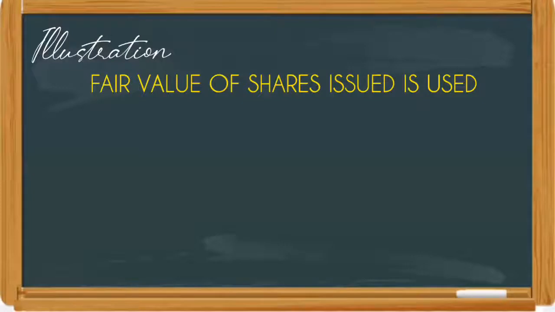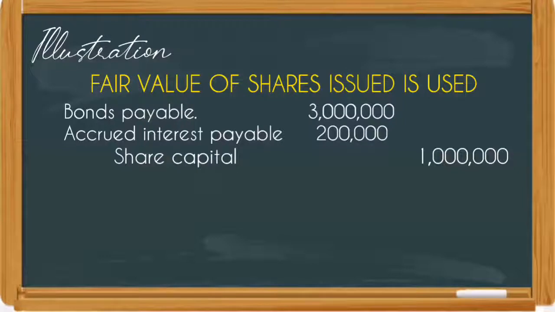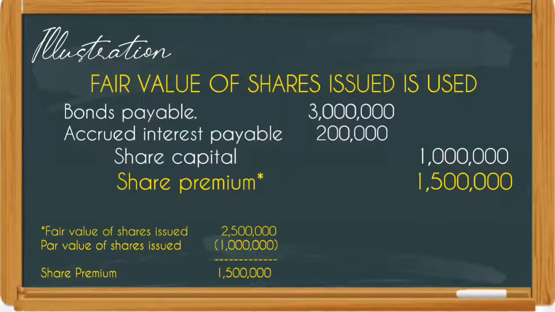So, ide-debit natin yung bonds payable na 3 million at yung accrued interest payable na 200,000. And magkakaroon din tayo ng share capital kasi nga nag-issue tayo ng shares at par value natin siya i-record. So, credit share capital 1 million. Meron din tayong share premium which is 1,500,000. Nakuha siya dahil yung fair value of shares issued minus yung par value.